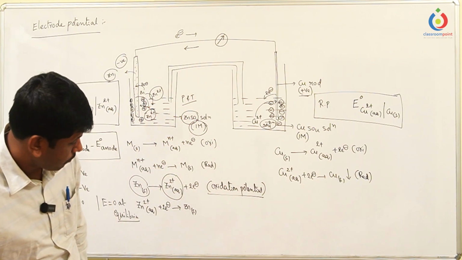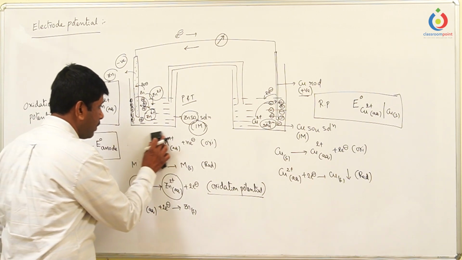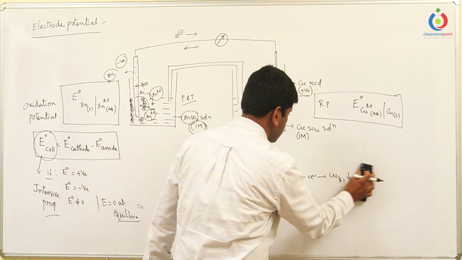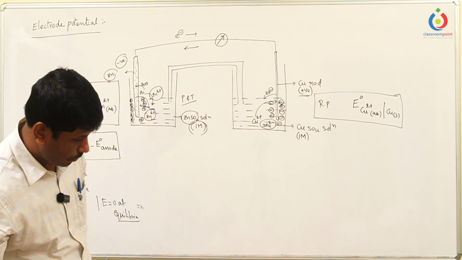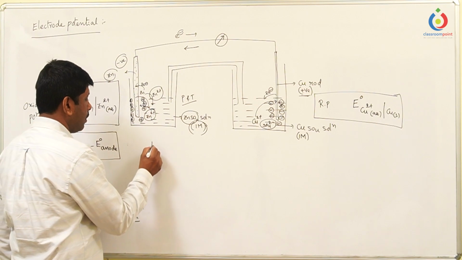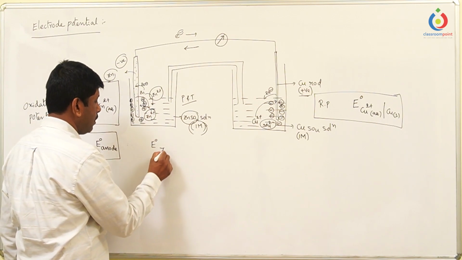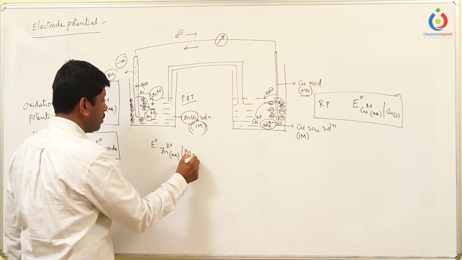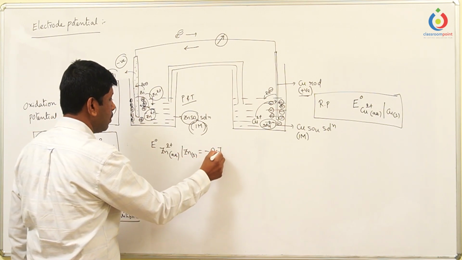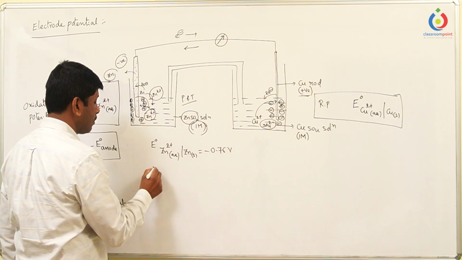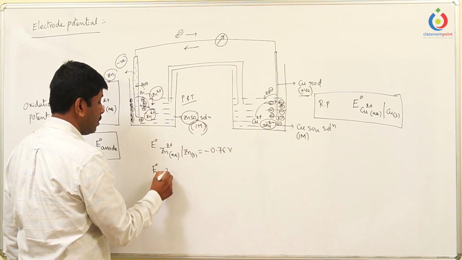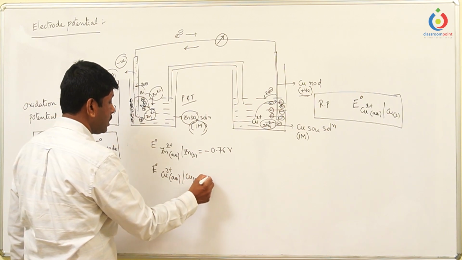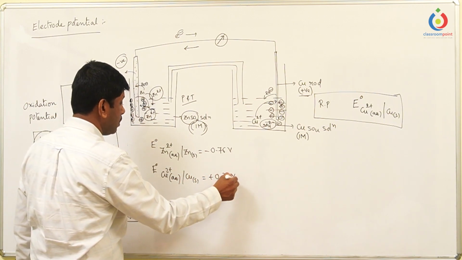Now let us see how to calculate the E naught cell for this galvanic cell. E naught of Zn2 plus by zinc solid is given as minus 0.76 volts. E naught of Cu2 plus by Cu is given as plus 0.34 volts.